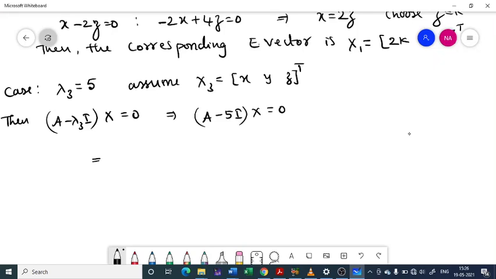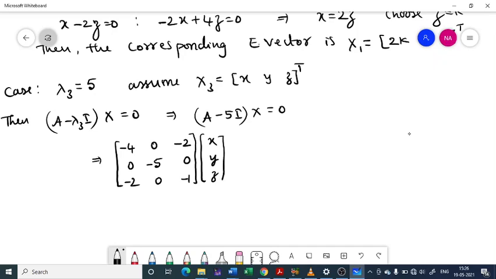So I have to subtract 5 from the diagonal entries of A. So what we have is minus 4 0 minus 2, 0 minus 5 0, minus 2 0 minus 1 times x, y, z equal to 0.